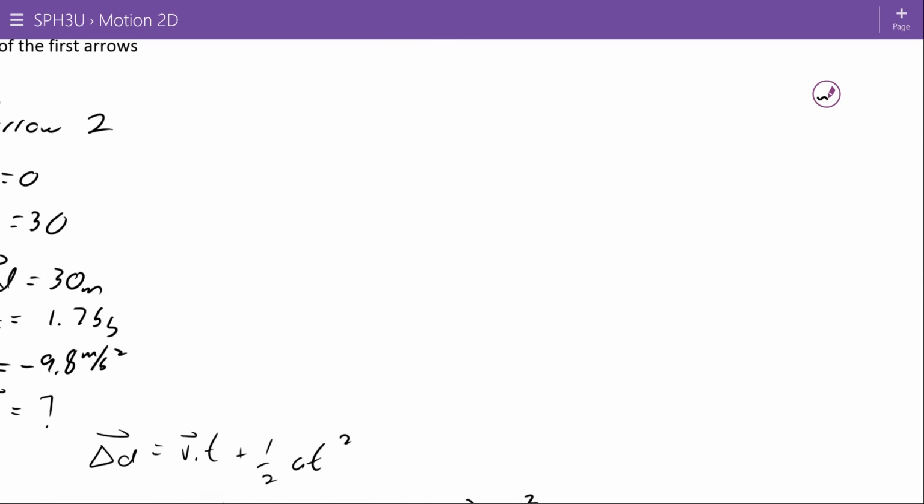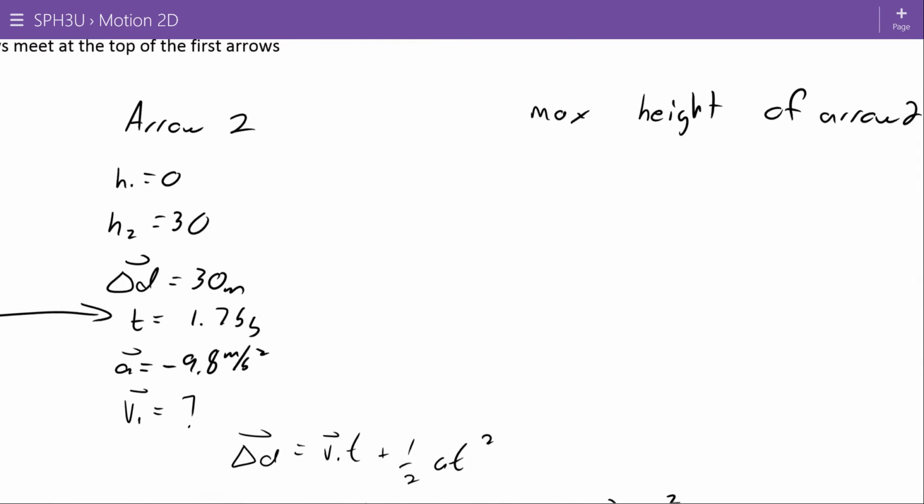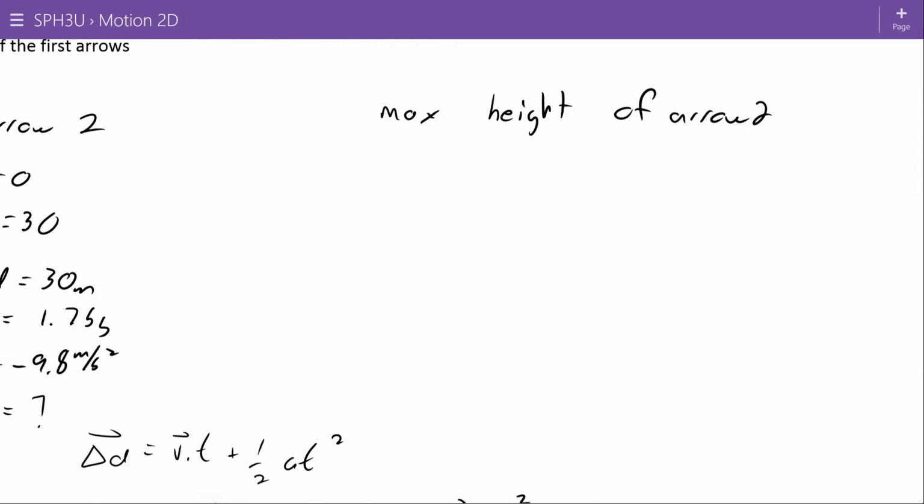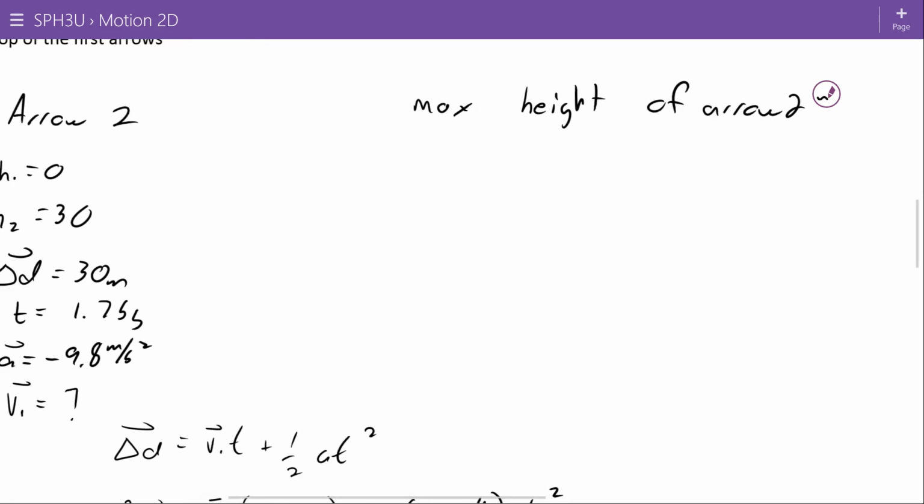Now, if I want to know the maximum height of arrow 2, I can use some of my information about arrow 2, but I need to be careful a little bit. I still know my acceleration, assuming that we're dealing with acceleration due to gravity, of negative 9.8 meters per second squared.